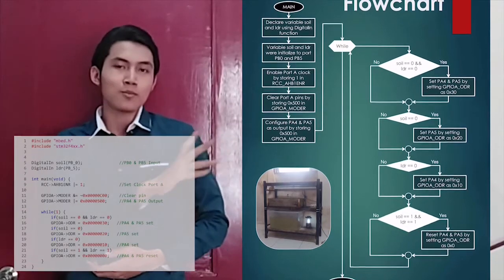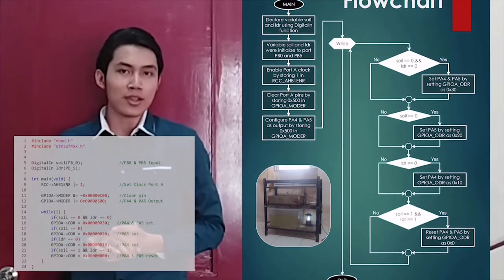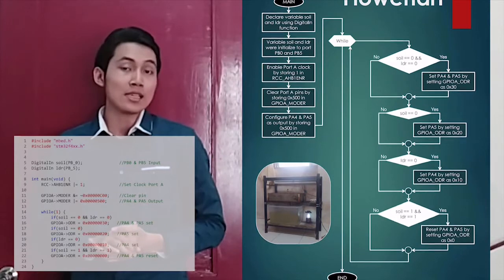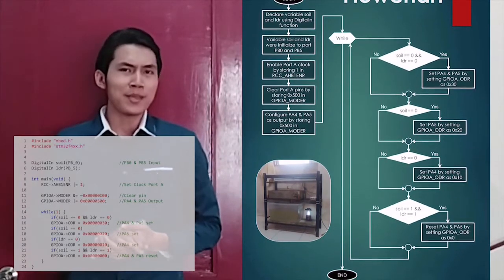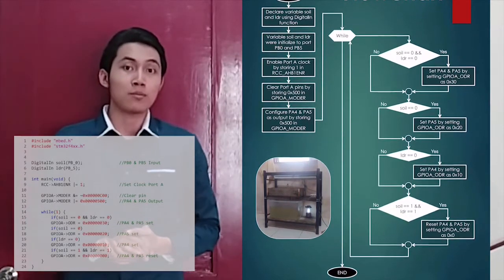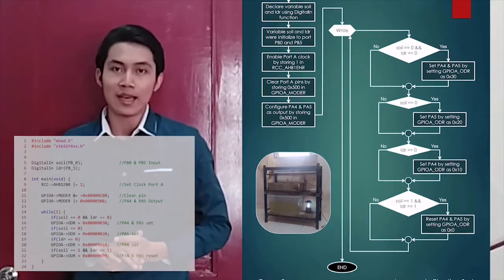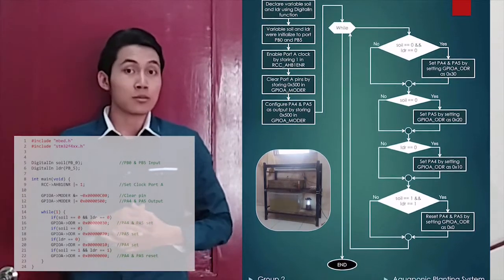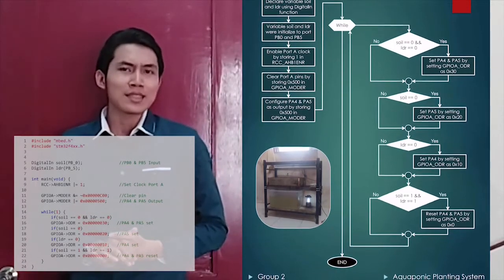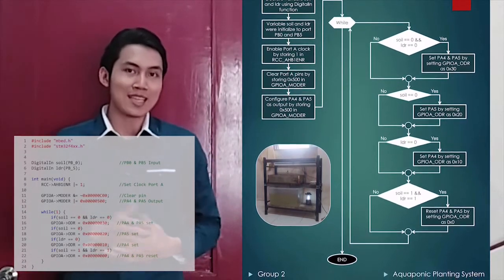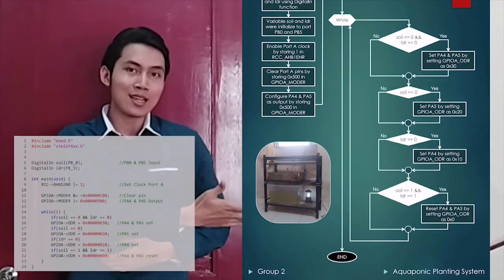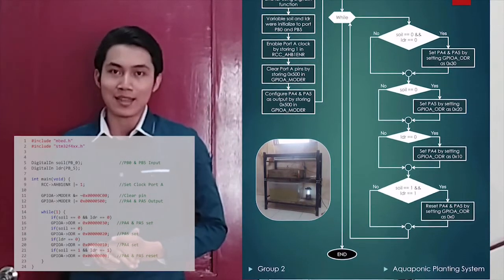In a while loop, if variables soil and LDR are equal to 0, PA4 and PA5 will be set by storing 0x30 into GPIOA ODR. If only variable soil equals 0, then only PA5 will be set by storing 0x20 into GPIOA ODR.